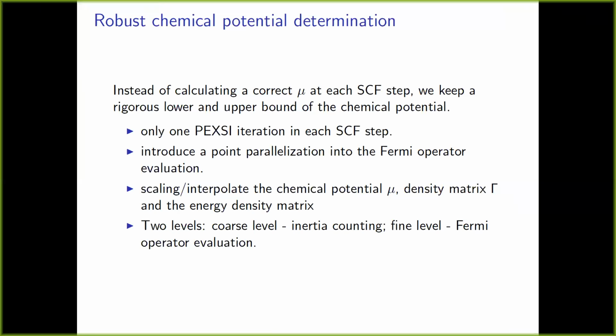The first one is a coarse level. We will use inertia counting, and the second one is the fine level. We will use the Fermi operator evaluation.